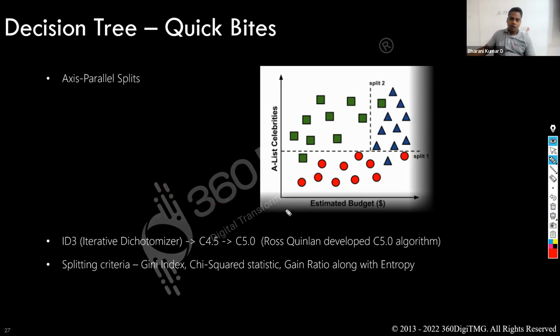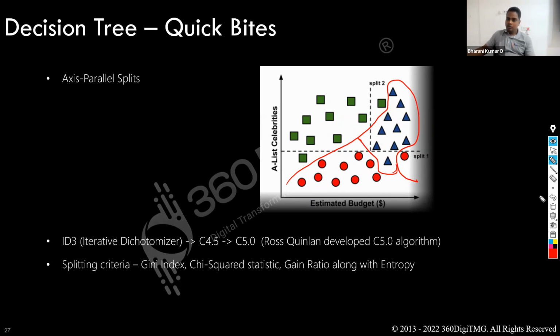Whereas if you look at a few other algorithms, what they do is they come up with a split like this. Okay, and maybe like this. So what will happen? Anything which is below here will be red. Anything above that would be green. Anything which will fall here would be blue. That is how you split.